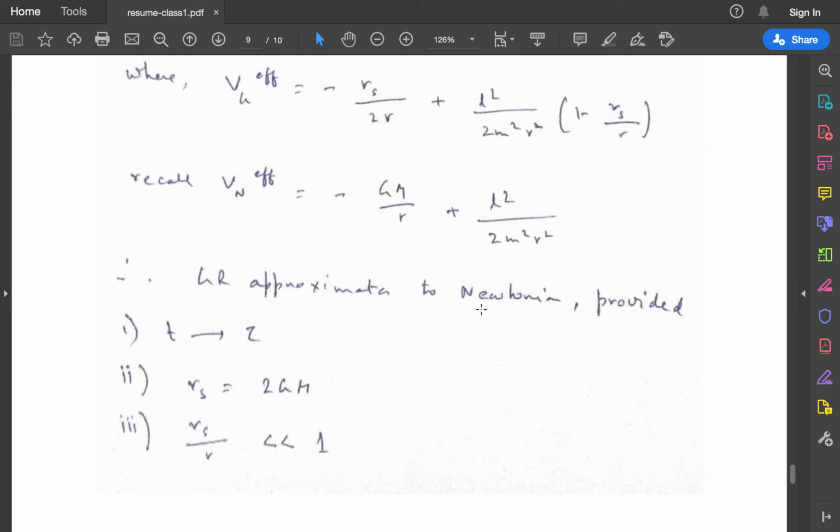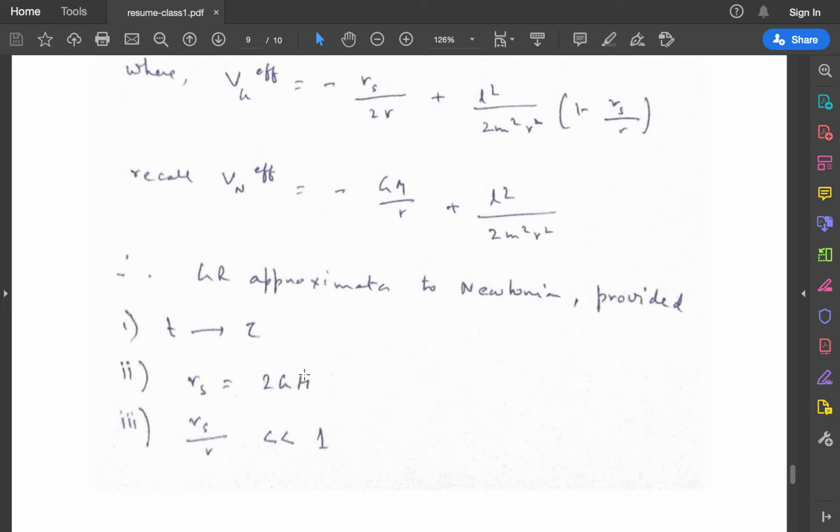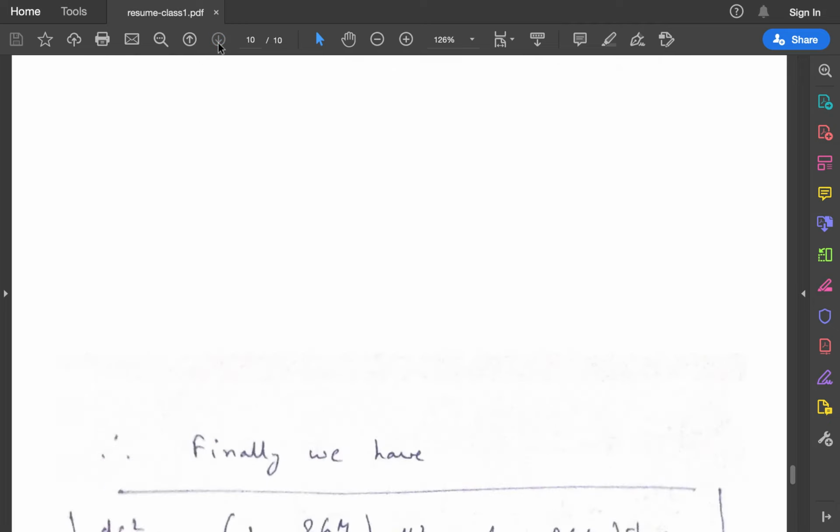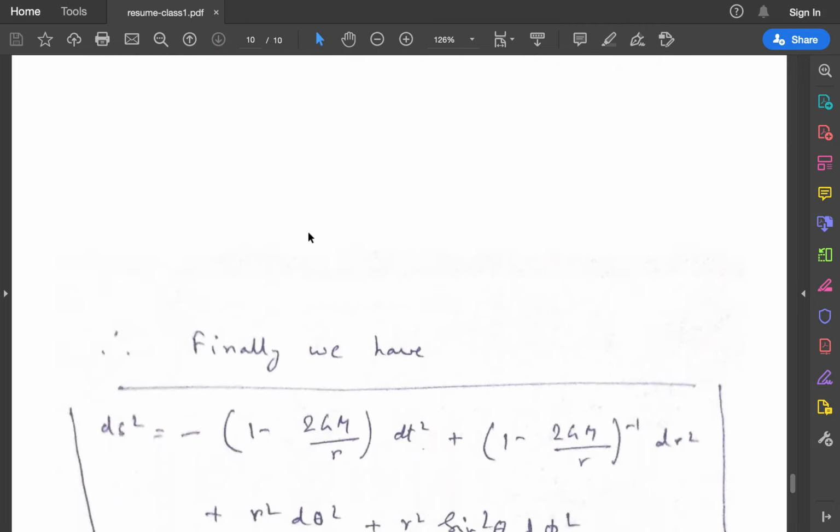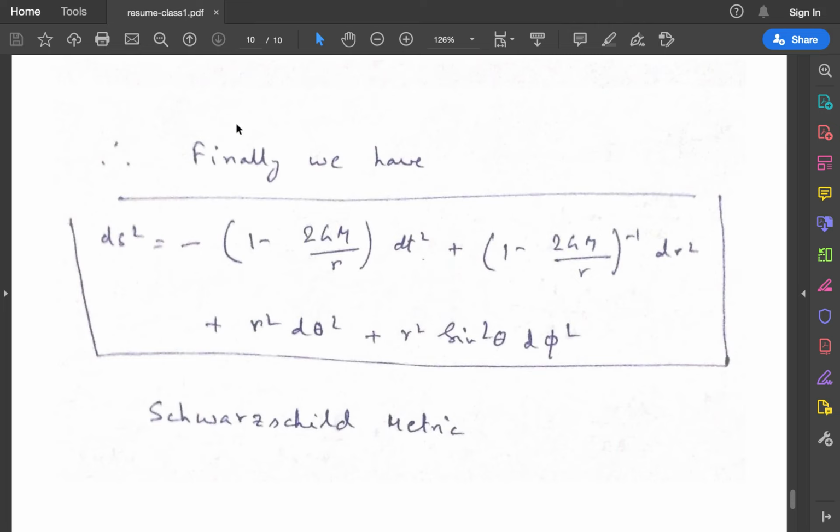So once we have identified rs, we can put it back in our metric which we want to solve, and finally we have the metric for this spherically symmetric space-time, which is a vacuum. It is given by this line element: ds square equals minus 1 minus 2Gm by r dt square plus 1 minus 2Gm by r to the power of minus 1 dr square plus r square sin square theta d phi square.